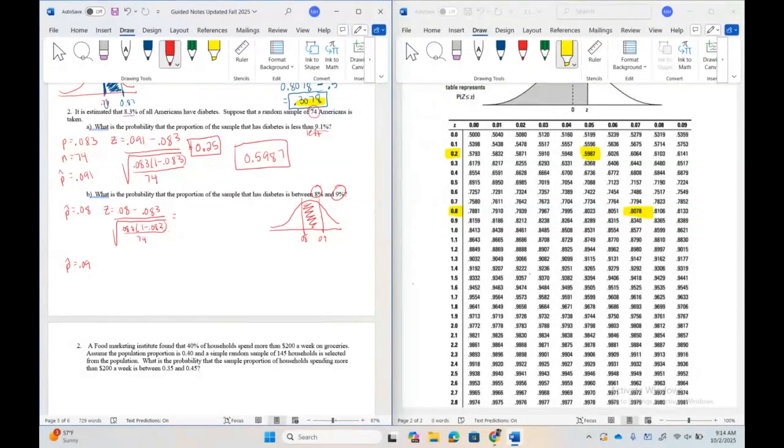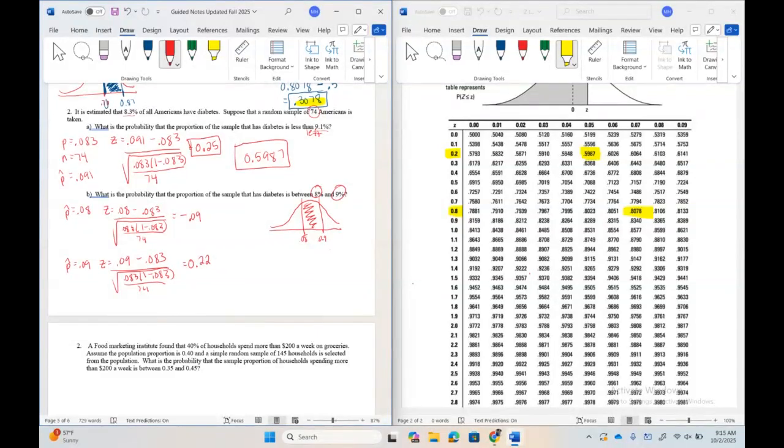Our z-score for 0.08 is negative 0.09, and then our z-score for 0.09, I'm getting 0.22.